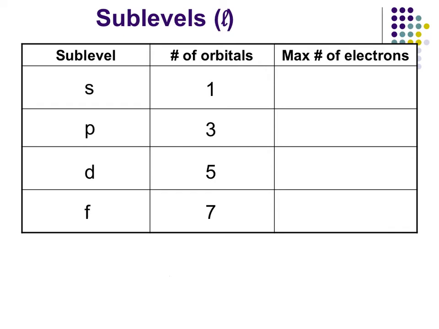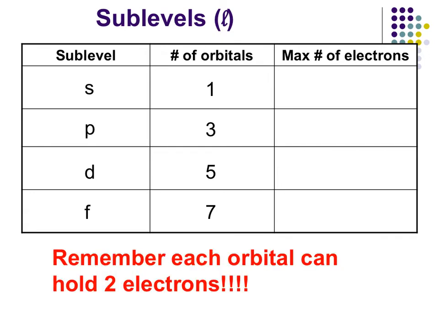So let's think back to the beginning. How many electrons could be in a single orbital? Every orbital can hold 2 electrons. So with S having a single orbital, it could only ever hold 2 electrons. But if P has 3 orbitals, each of which can hold 2, I could get up to 6 electrons.